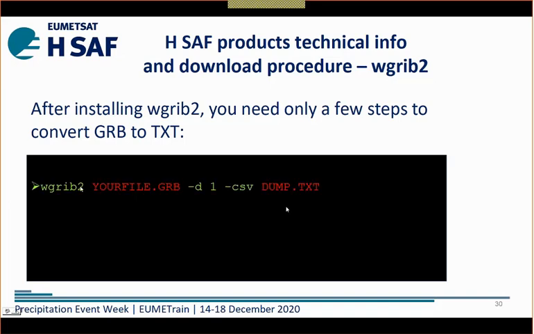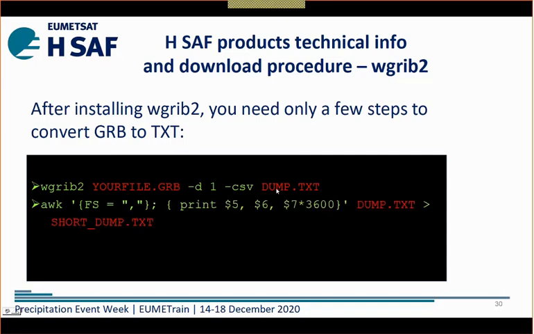First, you dump the GRIB file to an intermediate file, with all the columns contained in the original GRIB file. Second, you select the columns of interest. In this case, we are selecting columns 5, 6, and 7 to have latitude, longitude, and rain rate.